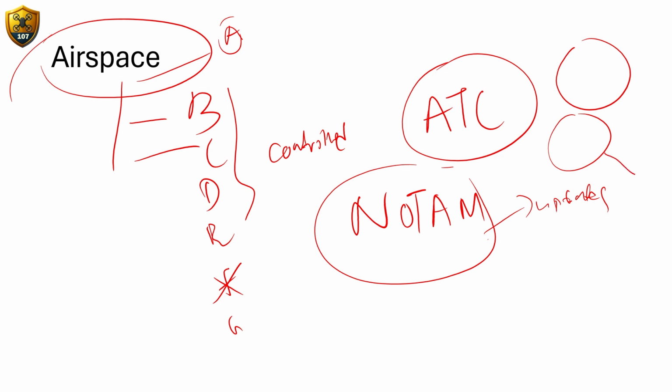So sometimes some areas can be prohibited or restricted. In that case, we have to check these updates. Let's see how we can check these updates later, maybe online. We can use some other tools. So we have to be really aware of these norms as well. So we are not allowed to fly in controlled airspace.